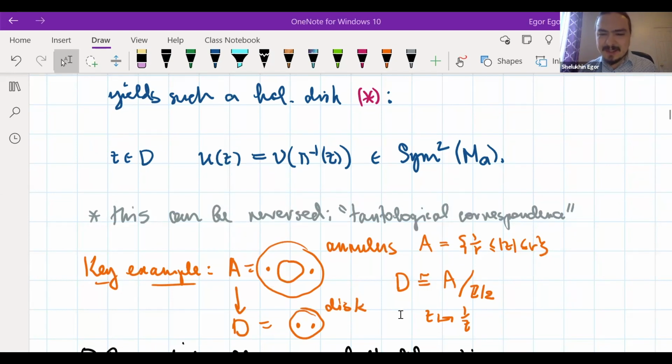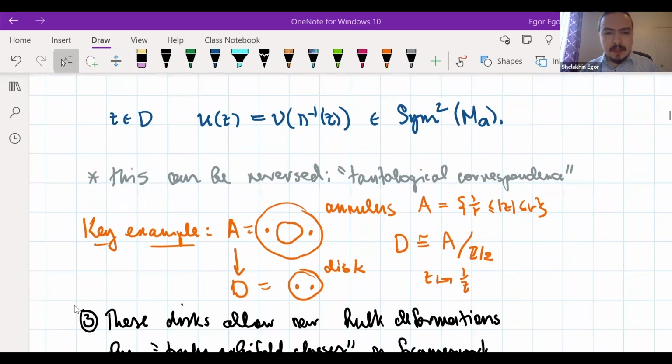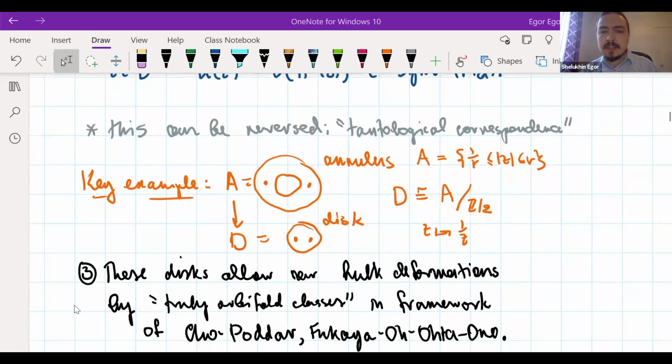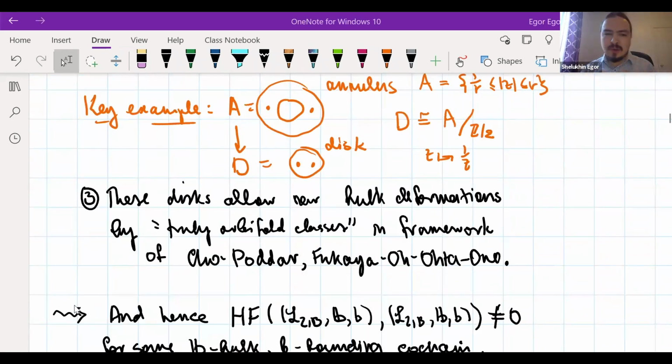And then the disk we can think of as the quotient of this annulus by z goes to 1 over z. And precisely you see that 1 and minus 1 are the branch points.